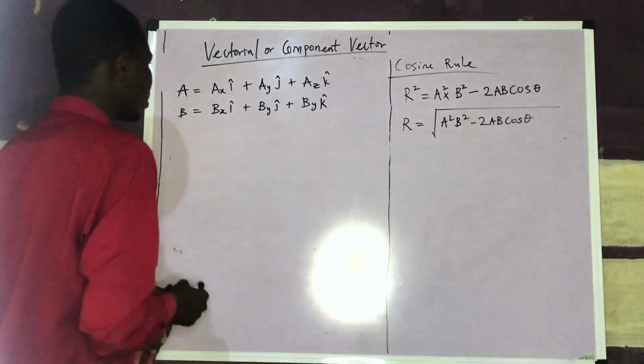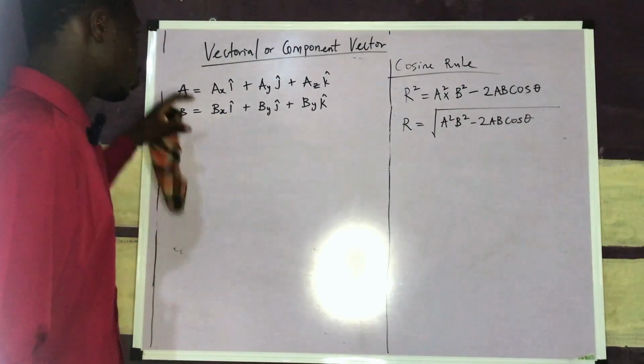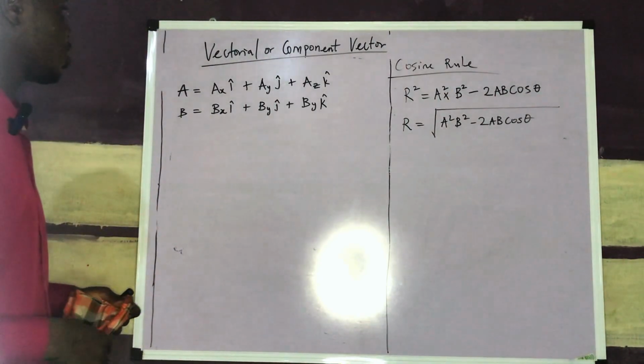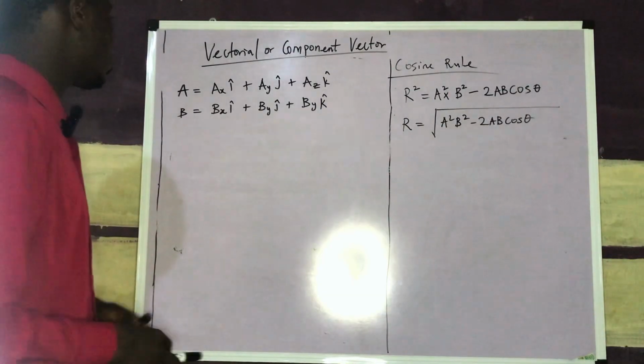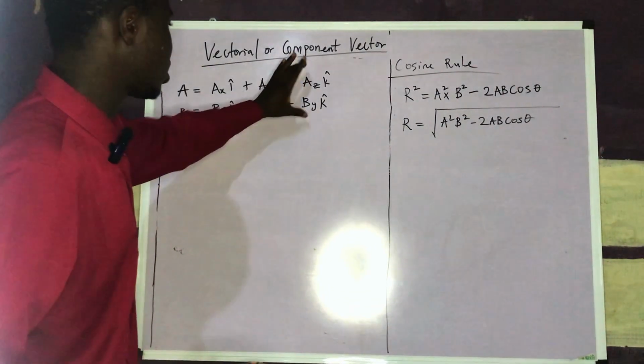Like I said before, all these i, j, k are just representing the direction. So if you are given this type of question, how will you resolve it? This is the x component, y component, z component.